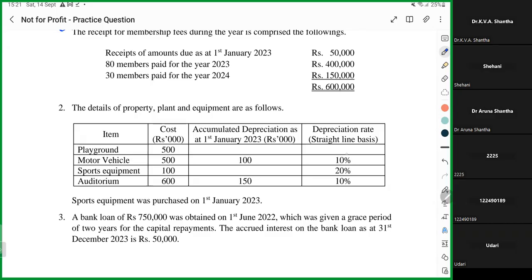Motor vehicle, depreciation 10%: cost 500, 500 into 10%, 50. Then auditorium, cost 600, depreciation 10%, 600 into 10%, 60.